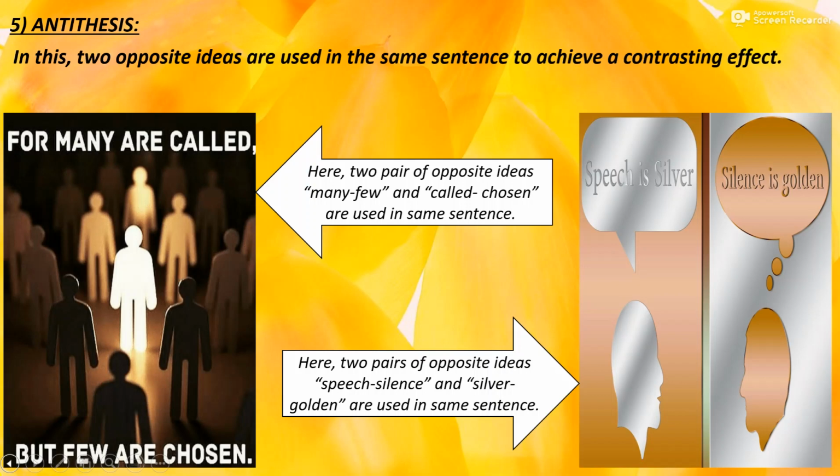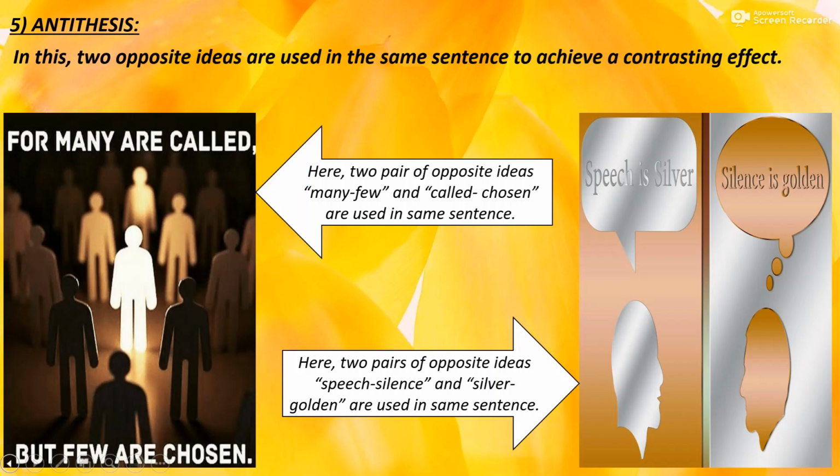So today we have discussed 5 very simple, very basic and easy to identify figures of speech, starting with simile and metaphor. Both are comparisons, but in case of simile, we make use of special words like as and so.